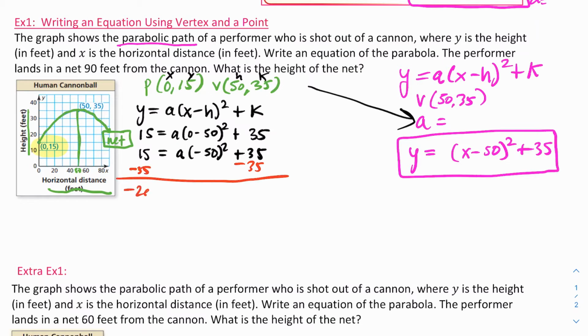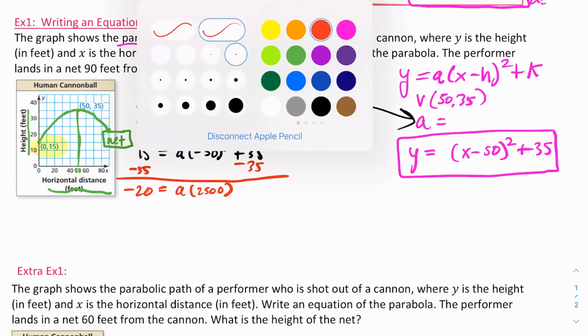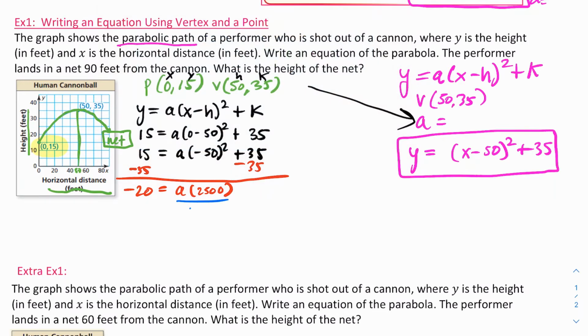So now I have negative 20 equals a times negative 50 squared, which is 2,500. And then I'll divide both sides by 2,500. You can write this as a fraction. If you reduce this as a fraction, it'd be negative 1 over 125 for A. Or you can use a decimal, which would be negative 0.008.